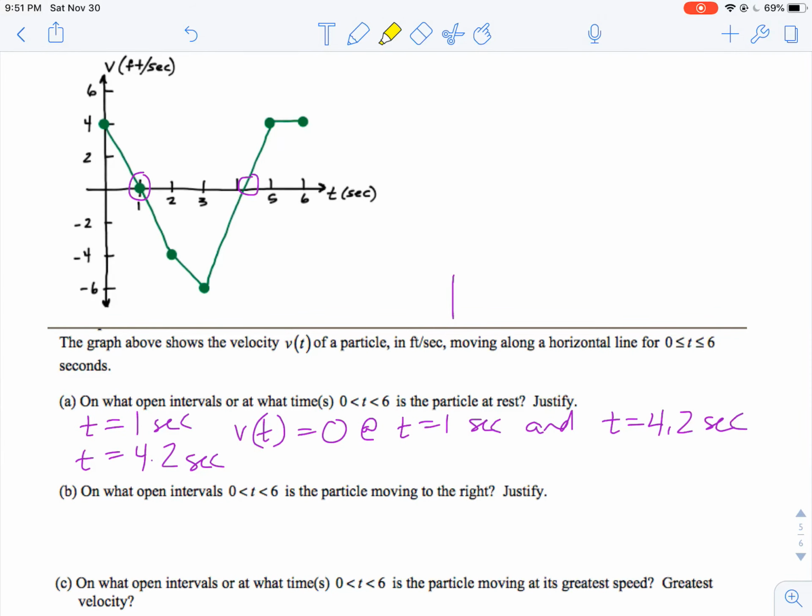The particle will be moving to the right when our velocity is greater than 0. So we're looking at that interval from 0 to 1, and that interval right there. So I'm going to say when v of t is greater than 0, the particle moves to the right.